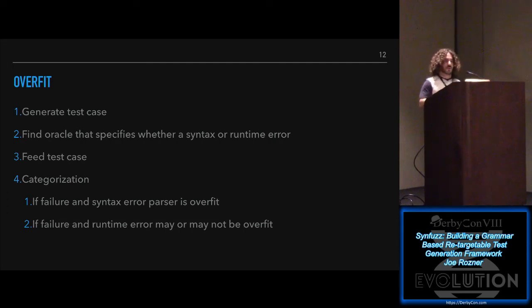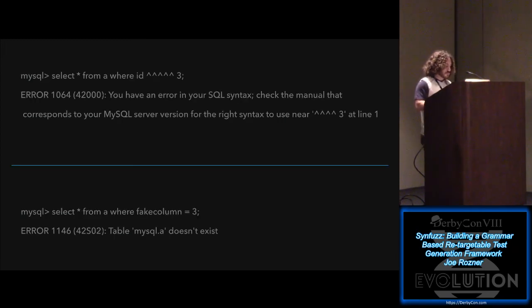So once you find an oracle that will provide that information to you, you can use that to make those decisions. One example of this is something like MySQL. There are two examples here of errors you might get from sending a SQL query to MySQL. The top one here is a syntax error, where it specifically says there's an error in your syntax, and it shows you kind of where it happened. This is a case where we wrote something that never passed the parsing phase.